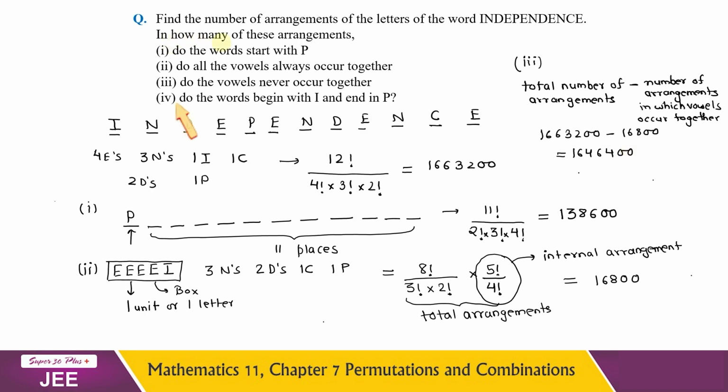Alright, the fourth part says, in how many of these arrangements do the words begin with I and end in P?